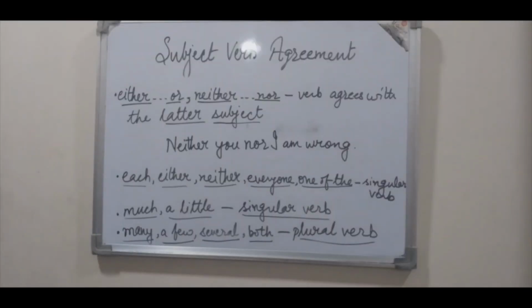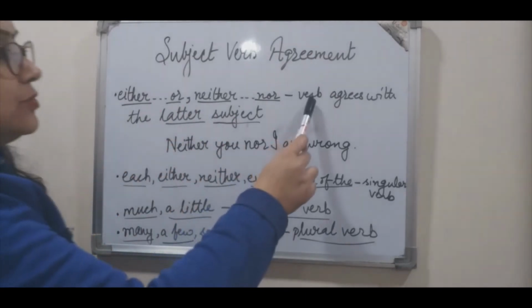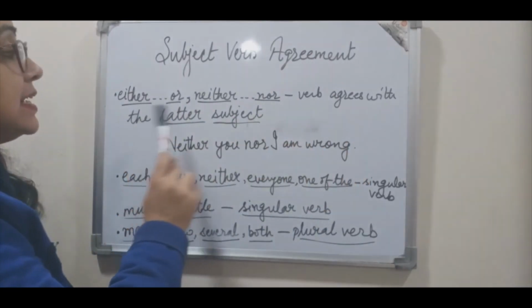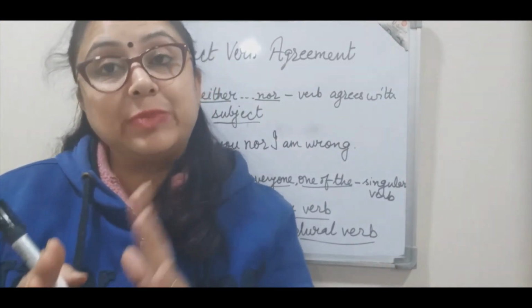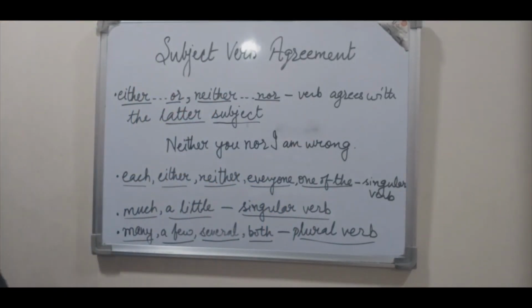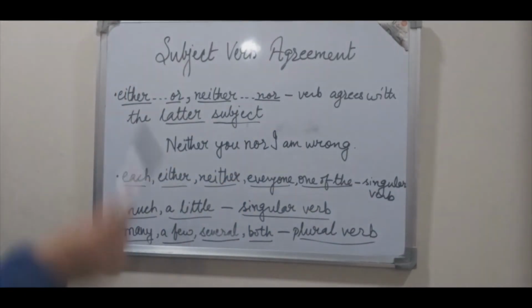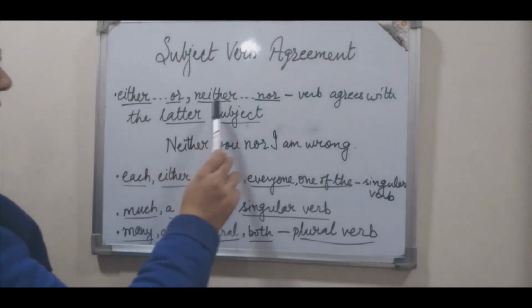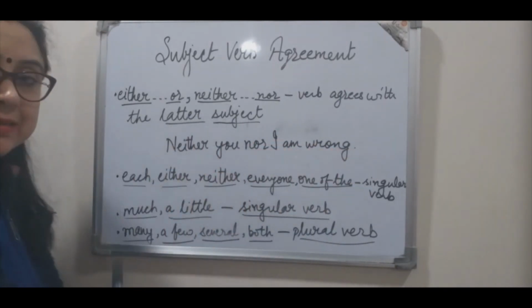When two or more subjects are joined by the words either or neither nor, in that case the verb agrees with the latter subject. Latter subject means the subject which is placed later. Okay. So if we find two or more subjects joined by either or neither nor, the verb agrees with the latter subject.